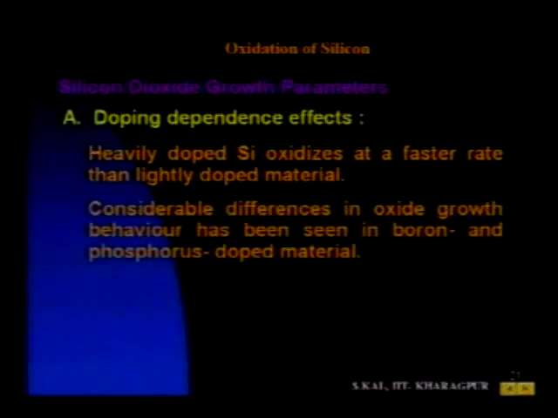First, let us concentrate on the amount of doping level. It has been observed that heavily doped silicon oxidizes at a faster rate than lightly doped material. Let us try to understand this point a little bit in detail.